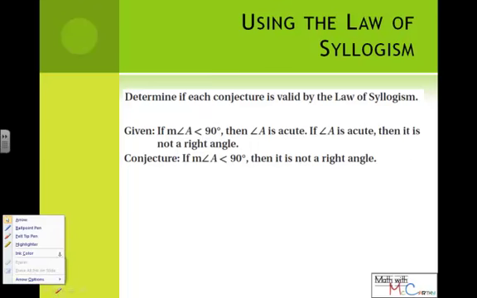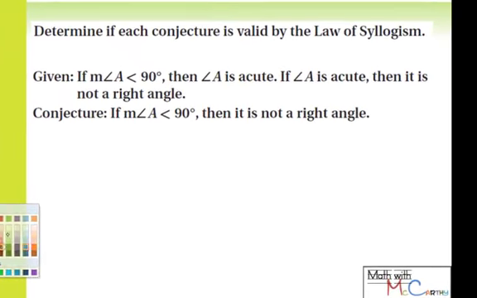So let's see if this is a valid use of the law of syllogism. If angle A measures less than 90 degrees, then angle A is acute. So this would be P and this would be Q. If angle A is acute, that's Q, then it is not a right triangle.